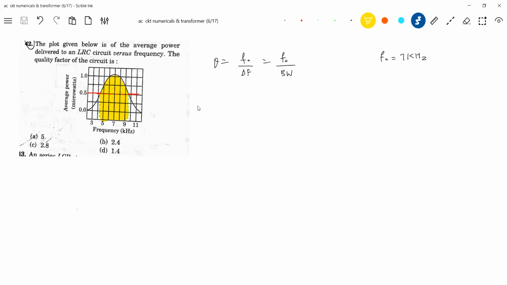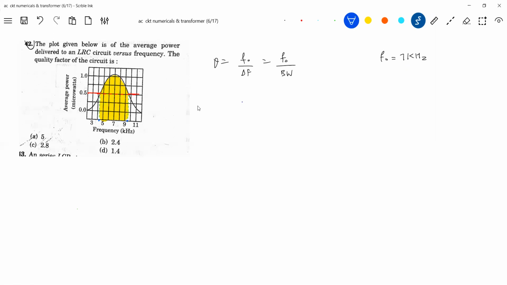So how to get the bandwidth? We are supposed to find it by using this data. From here to here is what I should measure, the difference in frequencies. If they give the average power, you manage it like this. The graph is not up to the scale, so maybe you take it as 5 and 9.